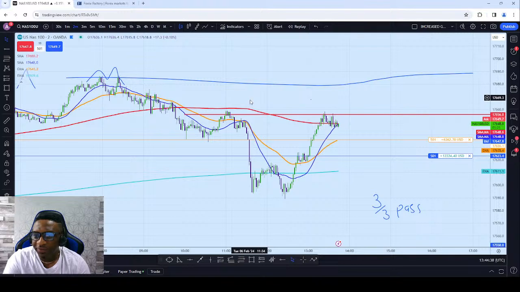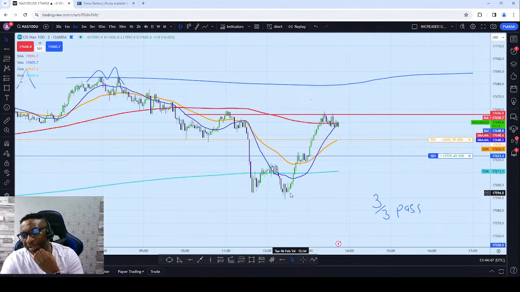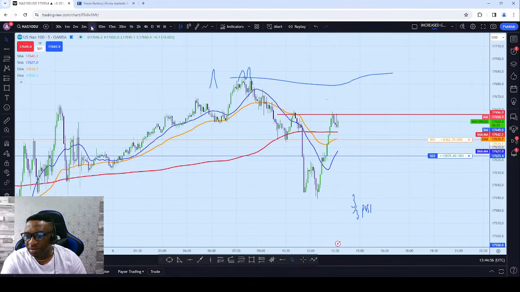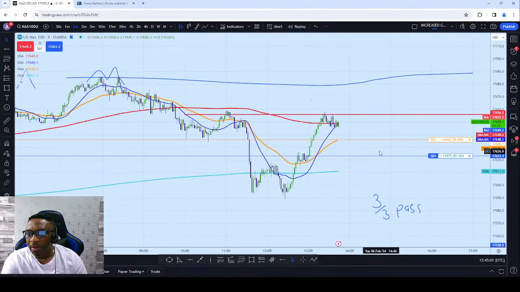So one thing we can also learn from here is when there's a push up or an upward trend like this. I'll start it from here. Let's go to the 5 minutes and see.